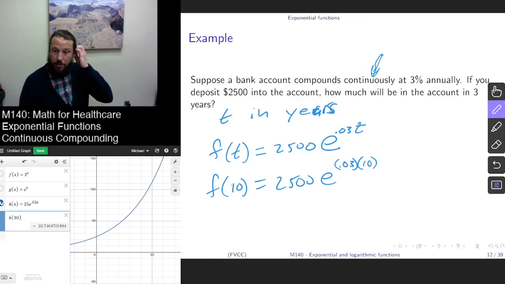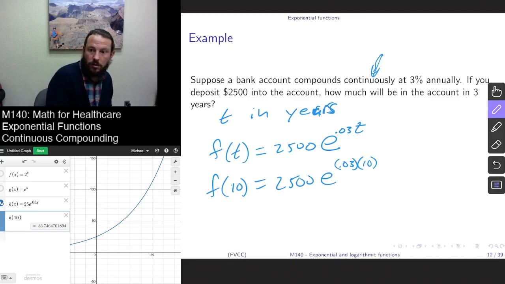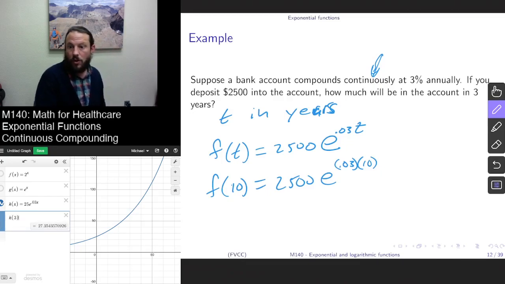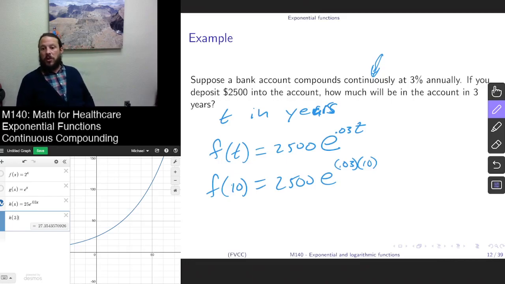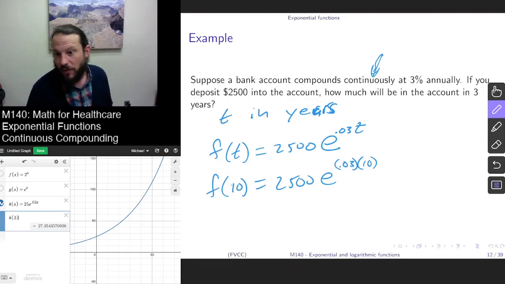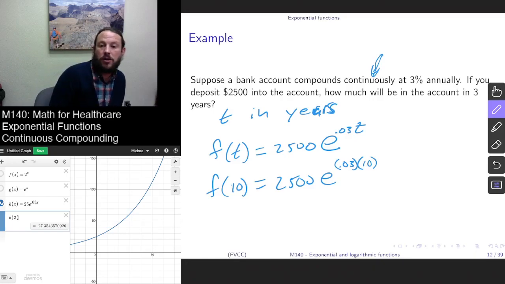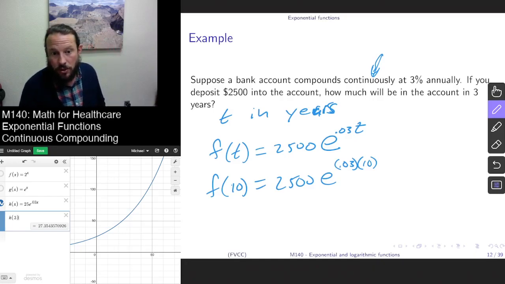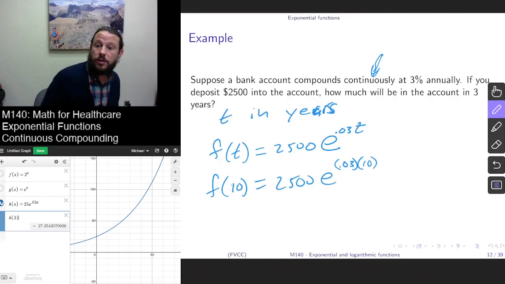Now, our question: how much is going to be in the account in 3 years? There we plug in 3. It looks like that's going to be about $2,735.44 after 3 years in your account. So an interest of about $235 or so.